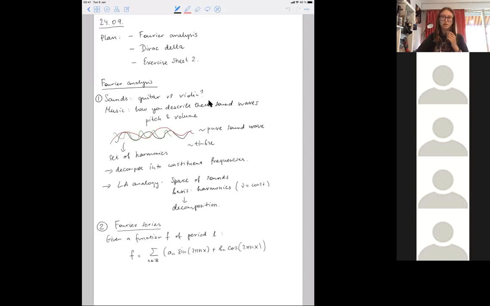Like this, where n is just summed over all natural numbers and negative numbers. So here, the subtlety is why we have both sine and cosine.